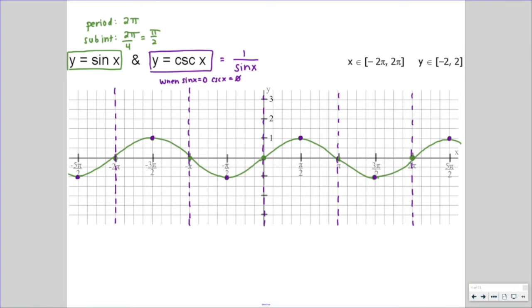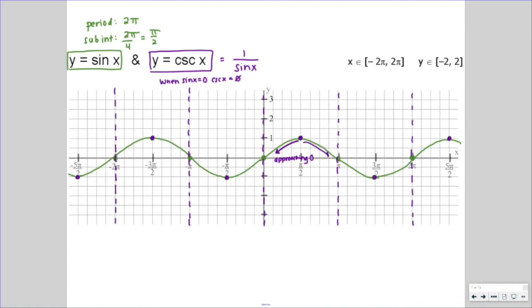All right, still focusing on this section of the graph. Let's think about where the rest of this curve is going to go. Now, in this section, if I'm going this direction, sine is becoming smaller and smaller, right? We are approaching 0. Sine is approaching 0. It's going smaller and smaller as we go that direction.